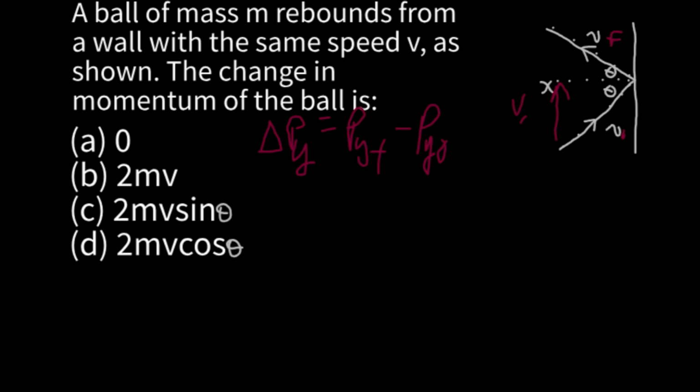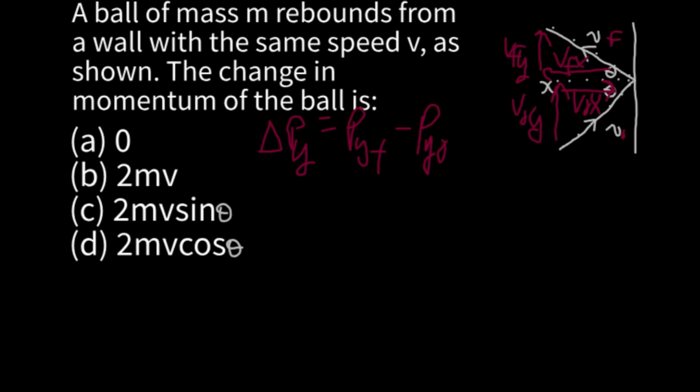Here's our V naught y, here's our V naught x, here is our V final x, and here's our V final y. Notice that the velocity in the y direction is always upwards. It's always positive if we're considering positive upwards.